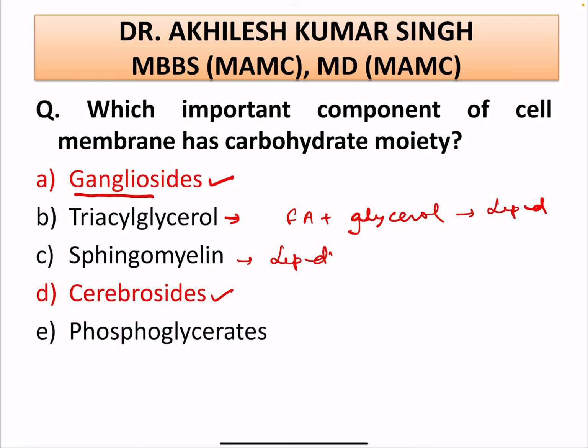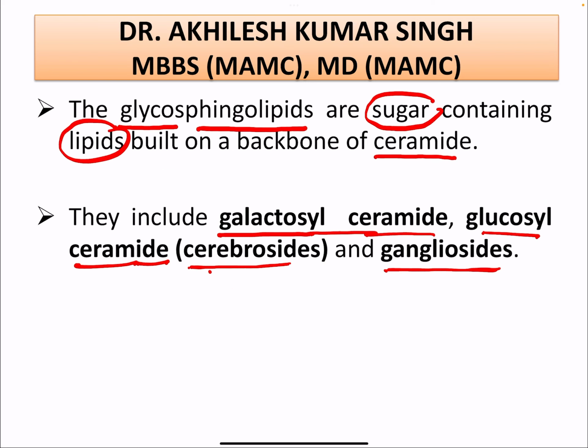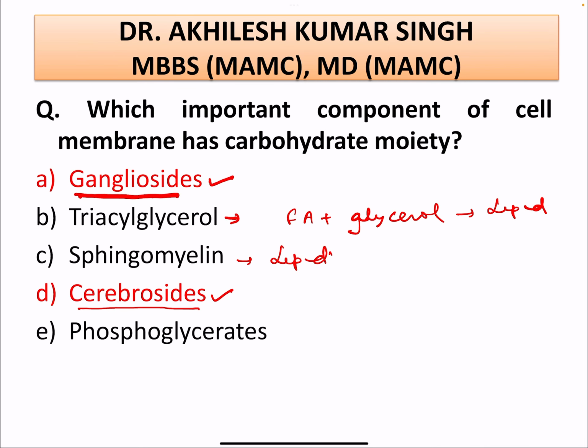Phosphoglycerate means phosphate plus glycerol, so they are also not carbohydrate moieties. So the correct answers are A, gangliosides, and D, cerebrosides. You can see that the carbohydrate moieties are galactosyl ceramide, glucosyl ceramide, cerebrosides and gangliosides. So options A and D are correct here.